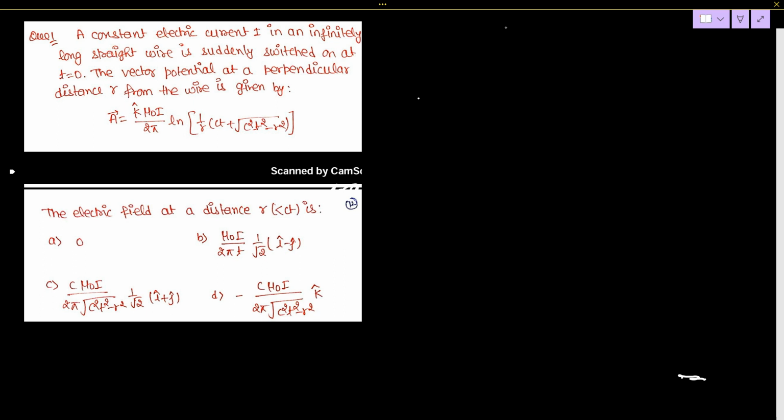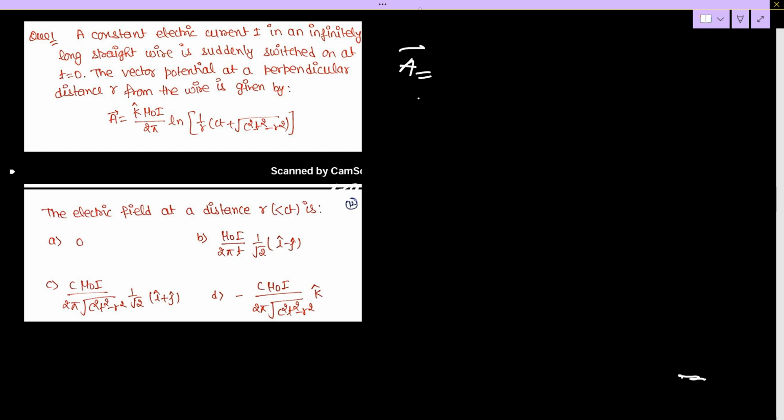The vector potential at a perpendicular distance r from the wire is given: A = k̂ (μ₀I/2π) ln[(ct + √(c²t² − r²))/r].